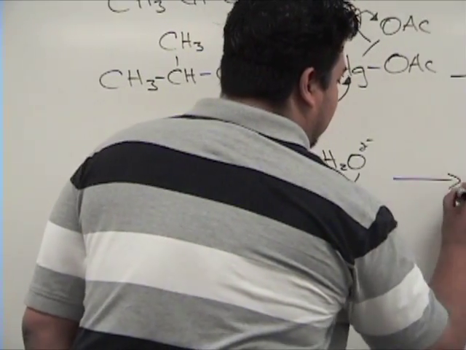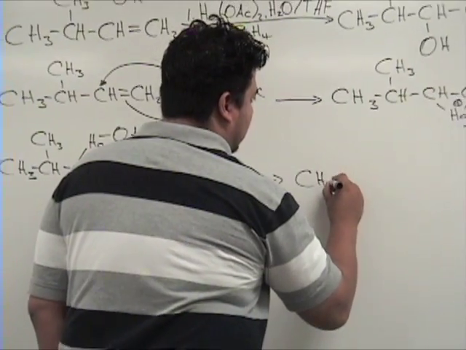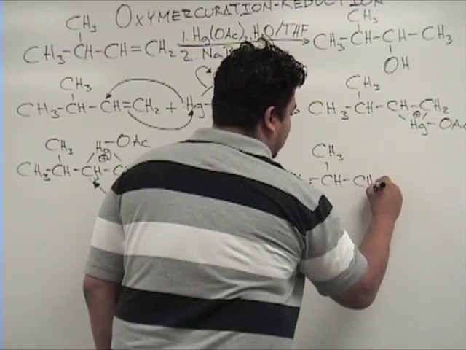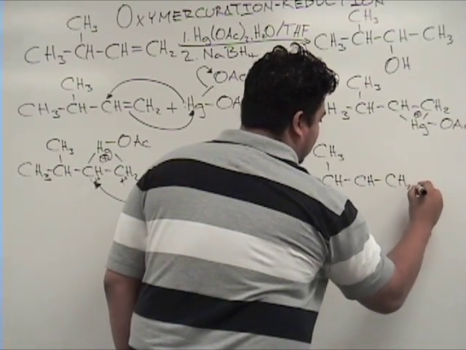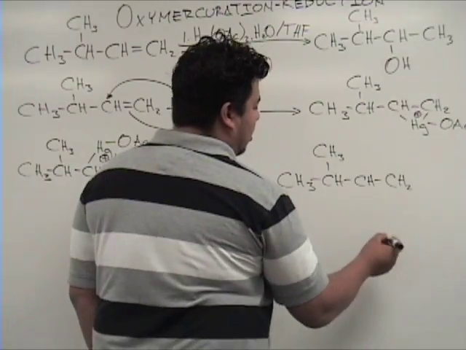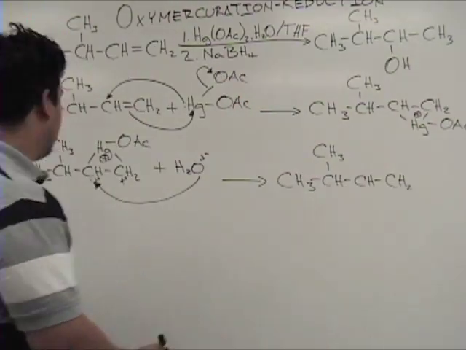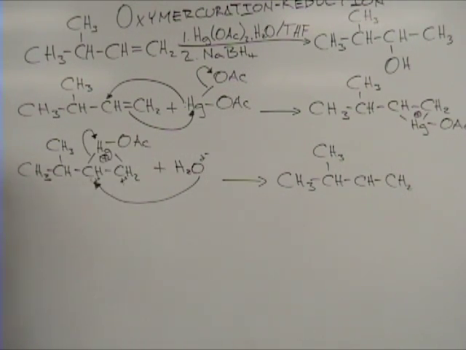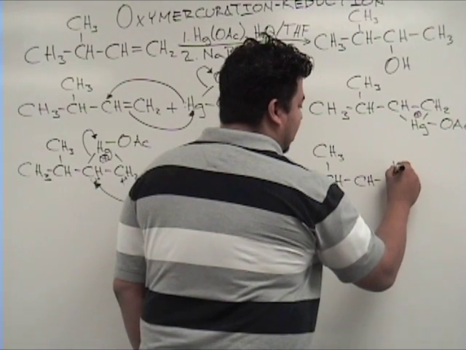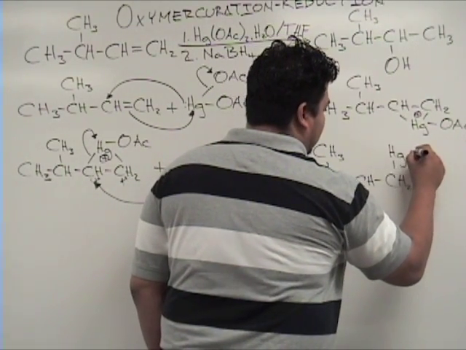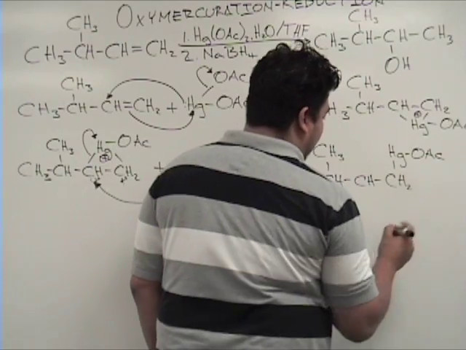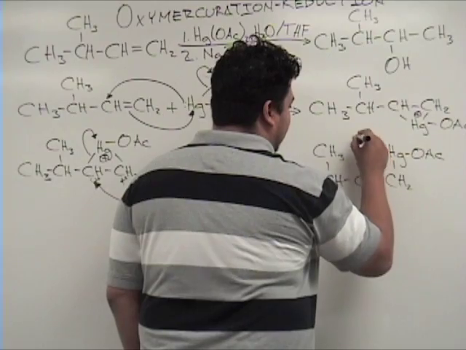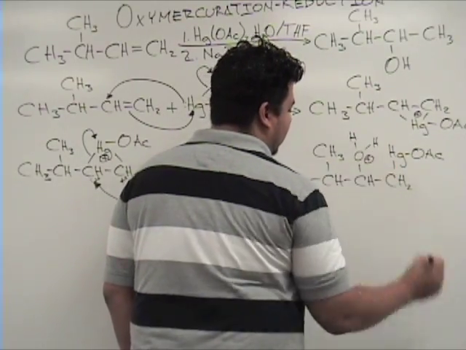And our product should look like this, and instead of the ring, this side of the bond is going to break and is going to take the electrons. So the Hg, we expected to see it here. And then the protonated alcohol group, we expected to see it here with a positive formal charge.